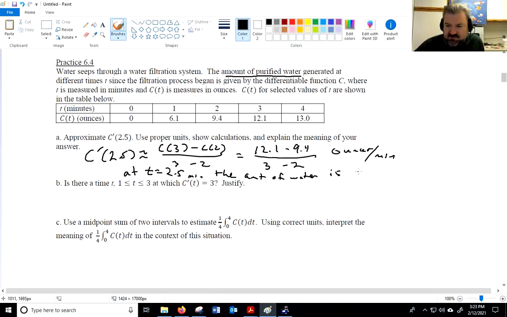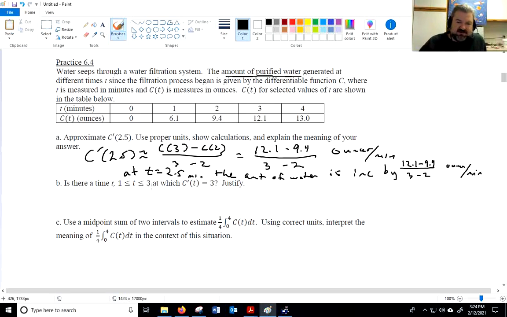Now, is it increasing or decreasing? Well, it's increasing by 12.1 minus 9.4. If it was multiple choice, you may have to get this answer, but we don't need to waste time evaluating that because it's free response. The amount of water is increasing by that many ounces per minute, and that's the meaning of that answer.